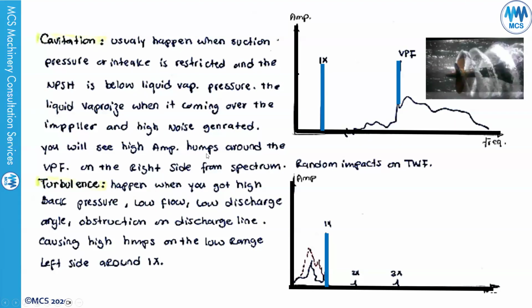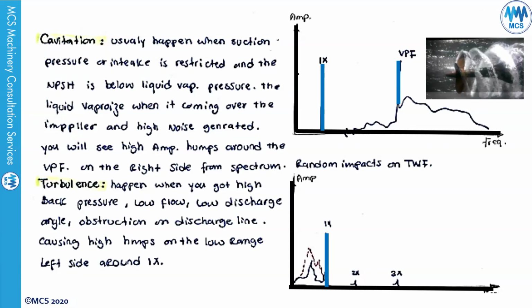You will see high amplitude humps or a high noise floor around the vane passing frequency on the right side of the spectrum, and also random impacts on the time waveform, and you can hear the noise, similar to the one you're going to hear when you have cavitation. The suction line will have very low pressure if something is restricting the suction, so the pump will be like it's pulling more air.